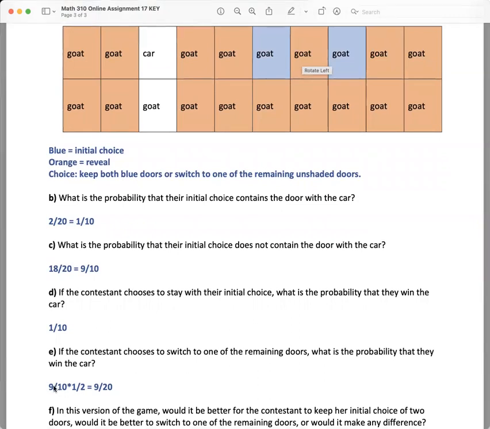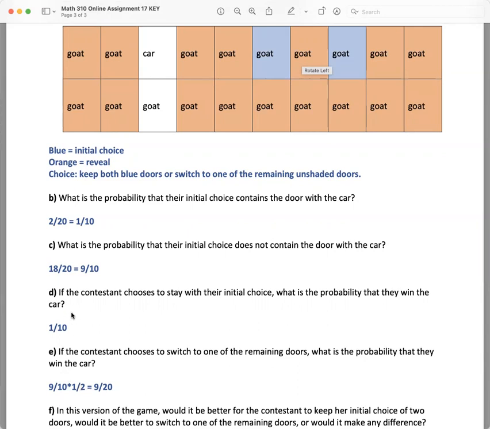But then you do a switch and you only get to choose one of the 2 remaining. So if you've successfully not chosen the car on your first, now you have to choose the car on your switch, and there's a 1 out of 2 chance for that happening. So multiply those 2 probabilities together and you get the final answer, 9 out of 20, or 45% chance.